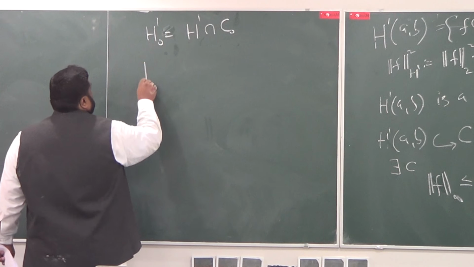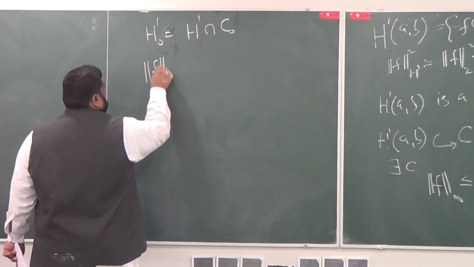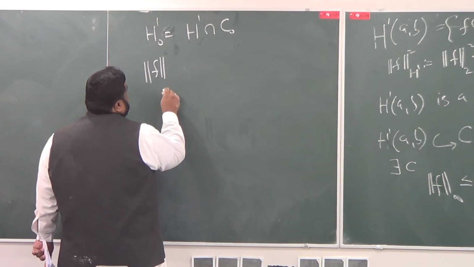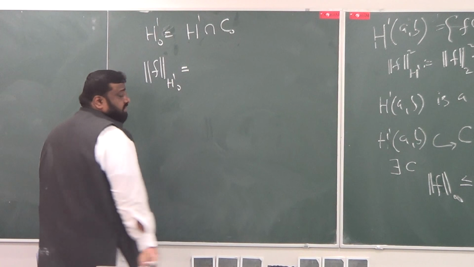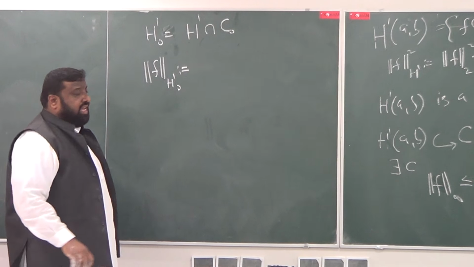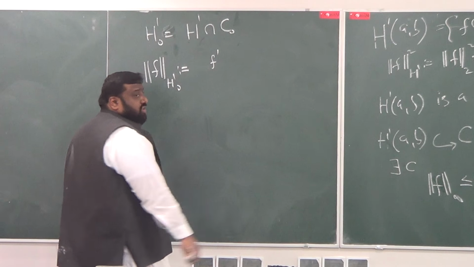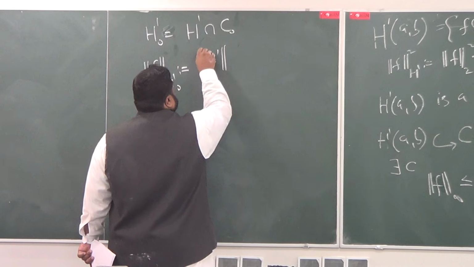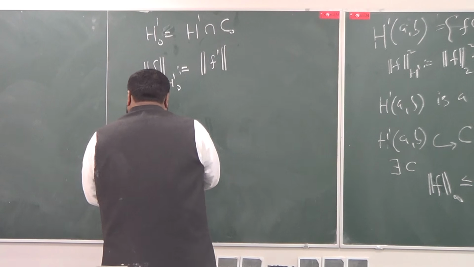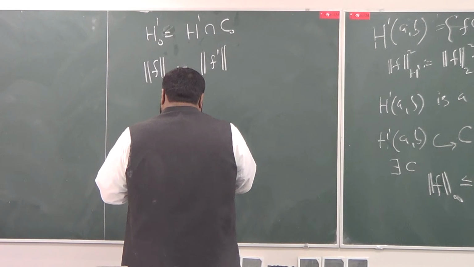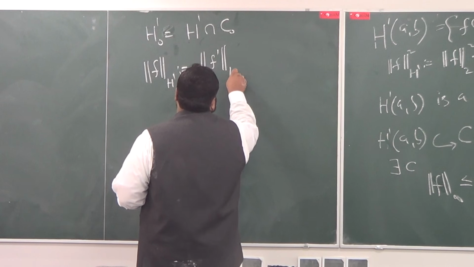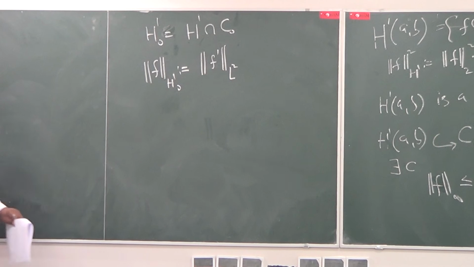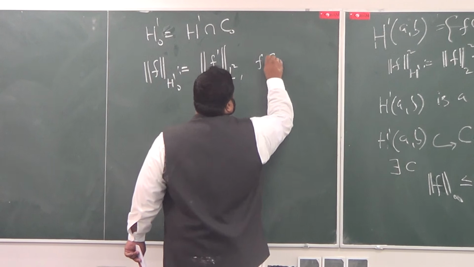So the norm of f in H1 naught, for example I'm denoting it by H1 naught, should be equal to the norm of f prime, which should exist, and its L2 norm should be finite. Would that be enough?